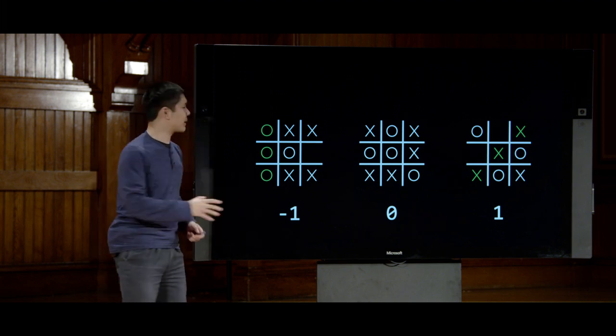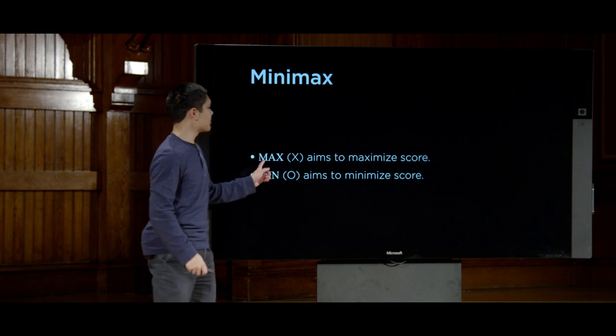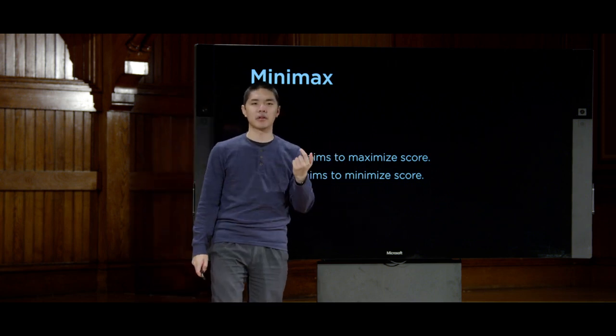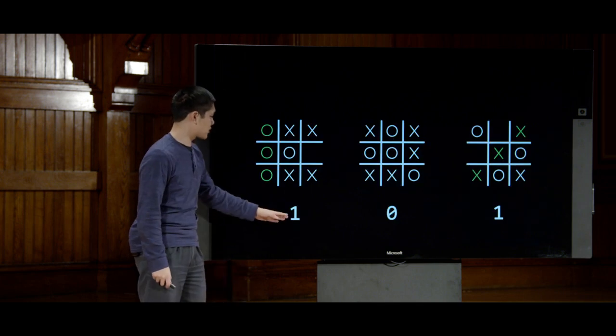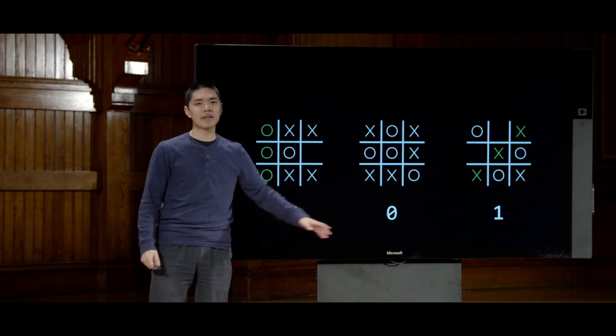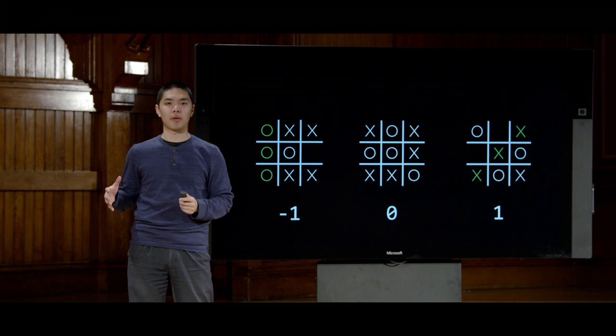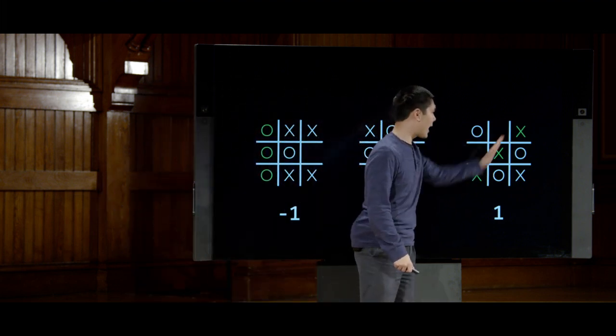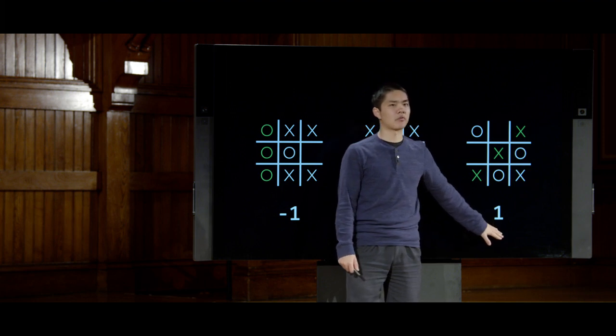The reason why is that in the min-max algorithm, the max player, which in this case is X, is aiming to maximize the score. These are the possible options for the score: -1, 0, and 1. X wants to maximize the score, meaning if at all possible, X would like the situation where X wins the game and we give it a score of 1.